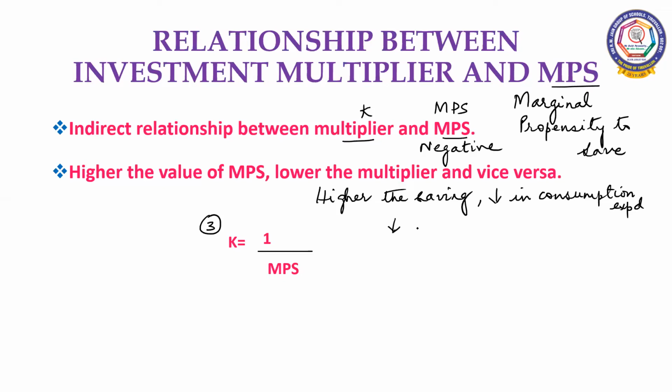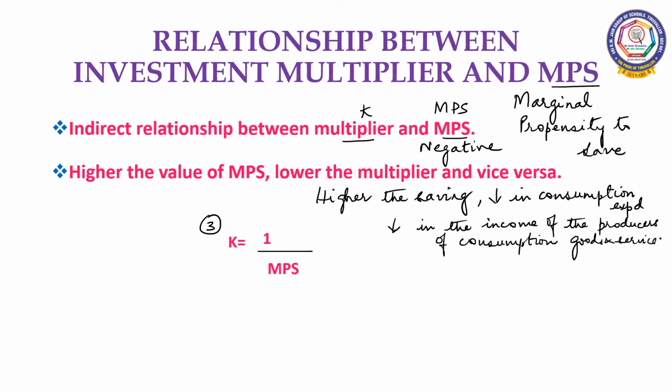So there is a fall in the income of the producers of consumption goods and services.